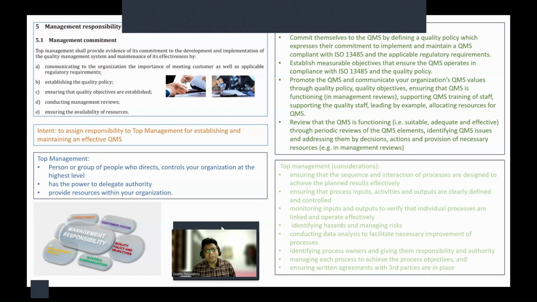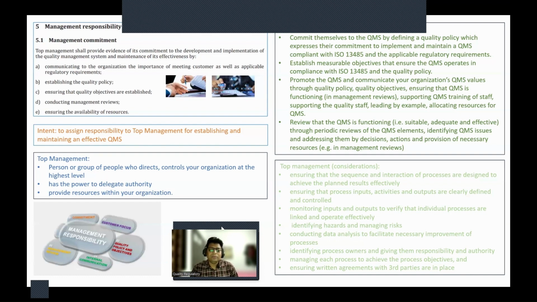So they have to think about the whole organization, all the responsibilities and authorities with respect to all the functions.